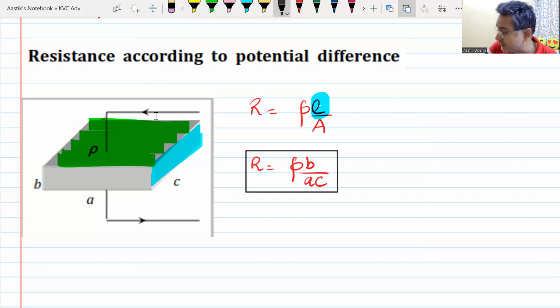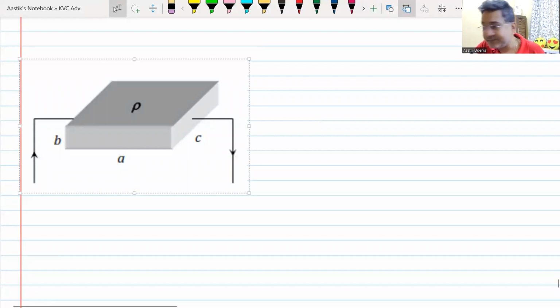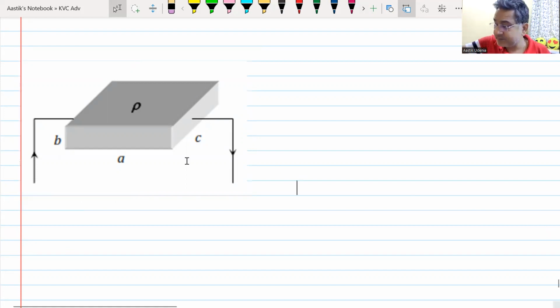This is how, depending on how you have connected the conductor, you can find out the resistance in various cases. Let me take the example of this one. Now, if I connect the conductor like this, I have connected this end with this end. I've connected a battery between these two facing faces. In the first case, I had connected the top with the bottom to a battery.